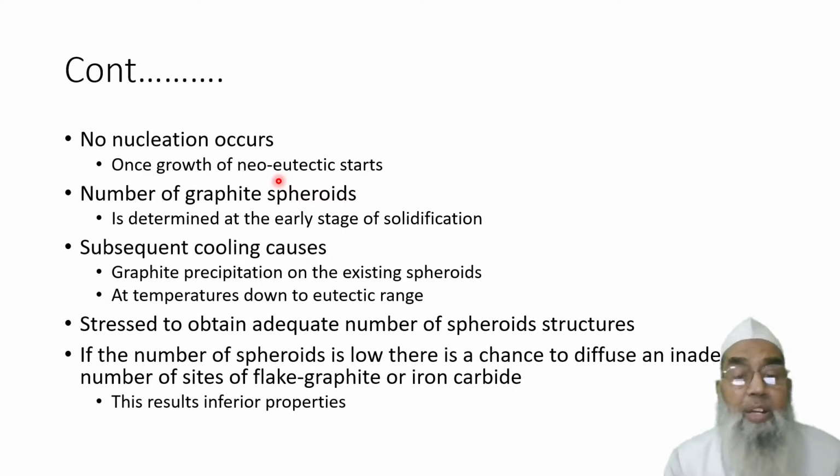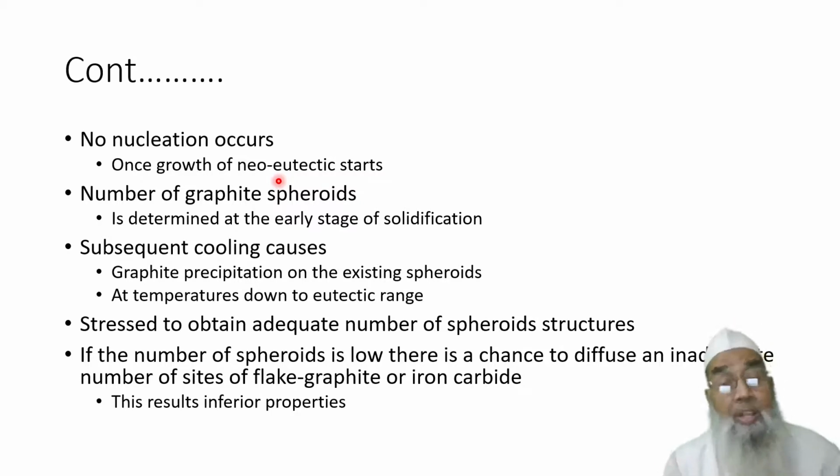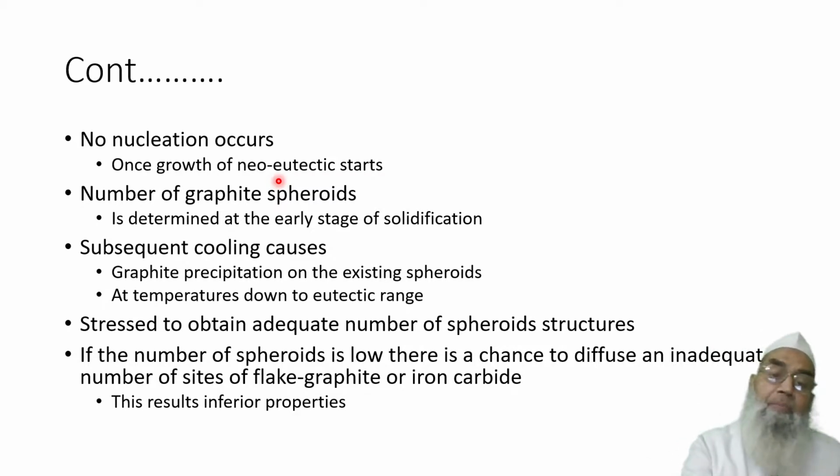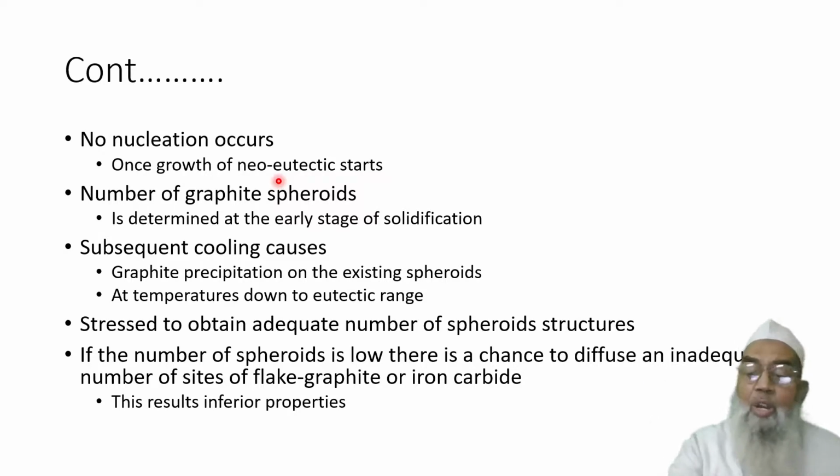Otherwise, if the number of spheroids is low, there is a chance of inadequate sites, giving flake graphite or iron carbide. If this happens, it will deteriorate the quality of the alloy.